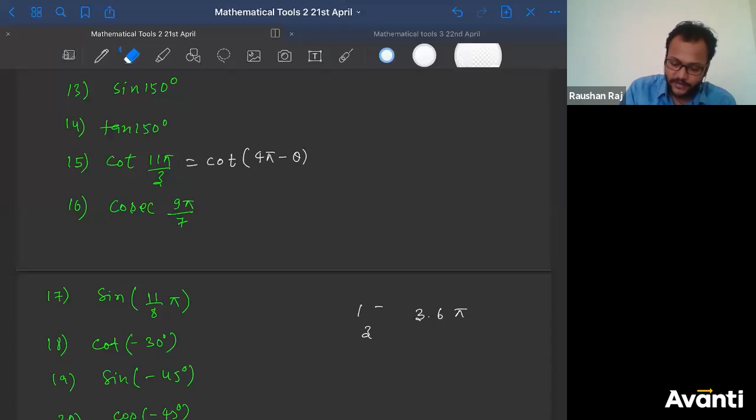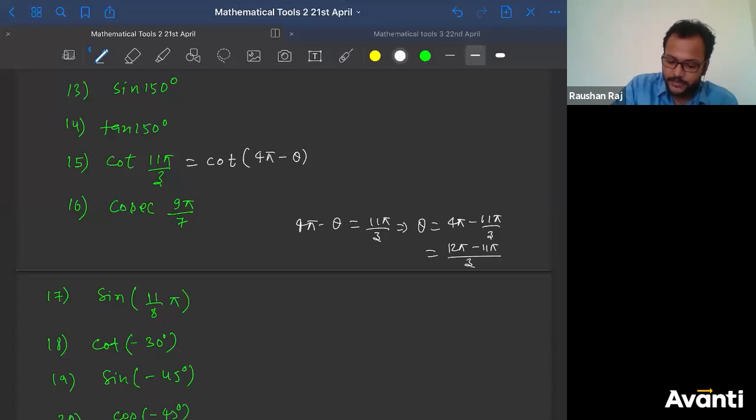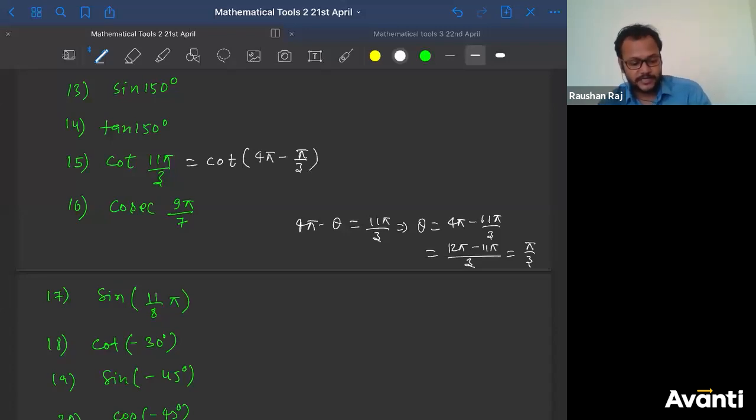Let me find the theta value for you. So 4 pi minus theta is equal to 11 pi by 3. So theta will be equal to 4 pi minus 11 pi by 3. So the answer will be 12 pi minus 11 pi divided by 3, which is pi by 3. So theta is pi by 3. So put the value here, pi by 3. So I can write 11 pi by 3 as 4 pi minus pi by 3.